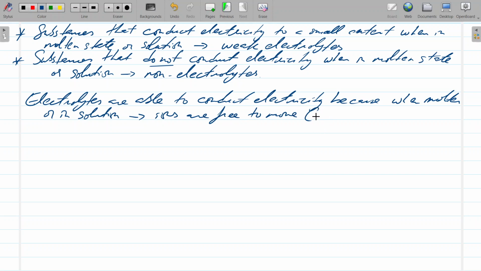The ions are charged particles, and electricity is a flow of charge.